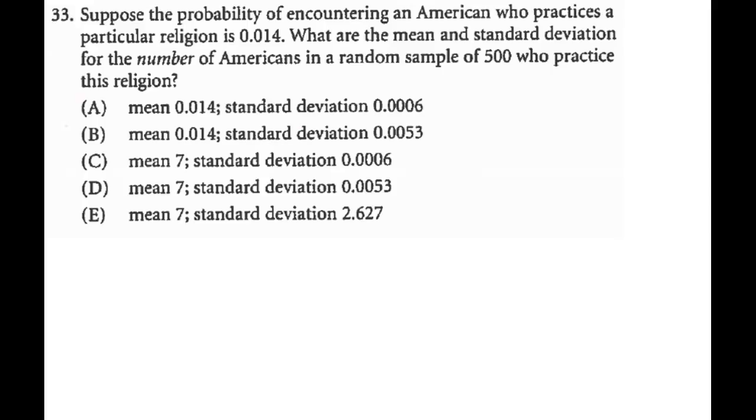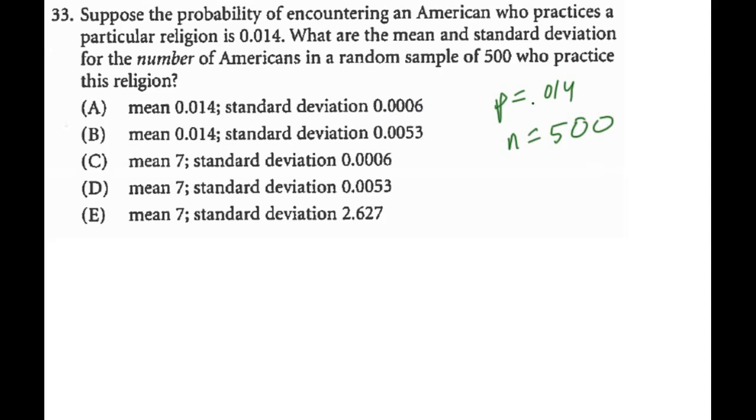33, since the probability of encountering an American who practices a particular religion is 0.014, for the number of Americans who practice this religion. Okay, so we've got a probability here of 0.014 and a random sample size of 500.